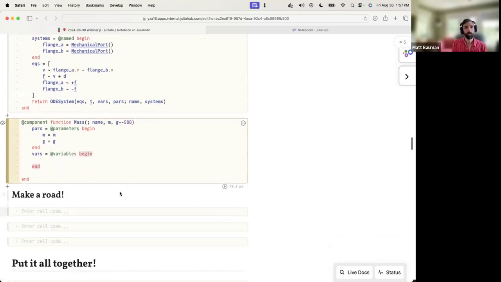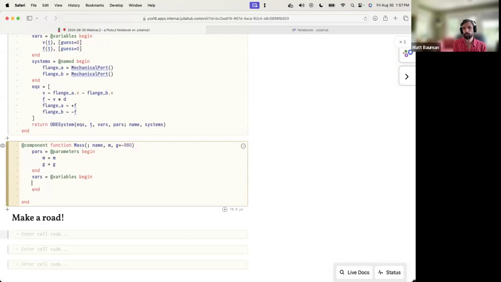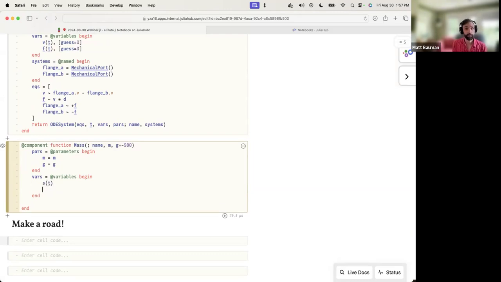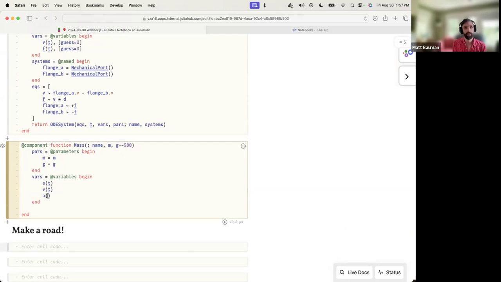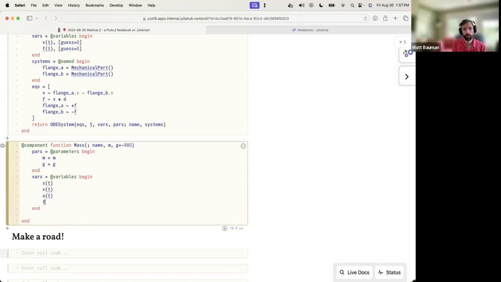So what are our variables for the mass? Well, this is where the state vectors, it's just easy enough to name them all, right? We know that the mass has a position, we know that it has a velocity, we know that it has an acceleration, and we know that it has a force. So we name them all as our variables, and we can do exactly what we did before. Let's just guess 0 for all of these, to speed things up a little bit in the solution that we end up using.